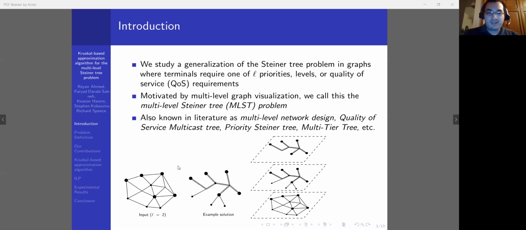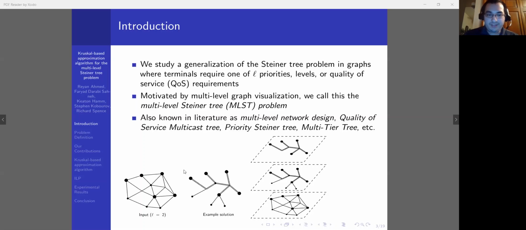The idea behind this problem is that we're given a graph with terminals, such as the example on the left. In the example on the left, we have a graph with 9 terminals. 5 of these terminals require a higher priority, indicated by the larger circles, and 4 of them require less priority. For this problem, we want to compute a Steiner tree such that higher priority terminals are connected using higher quality edges.